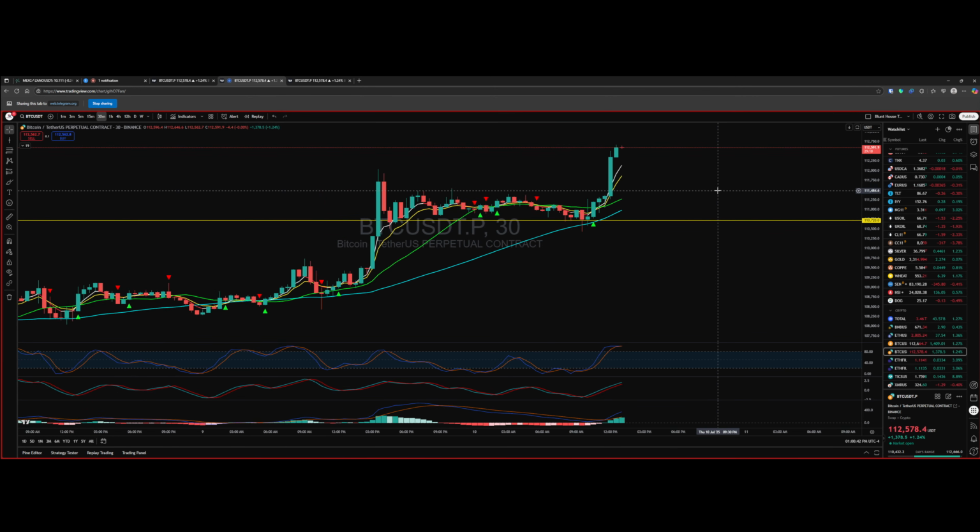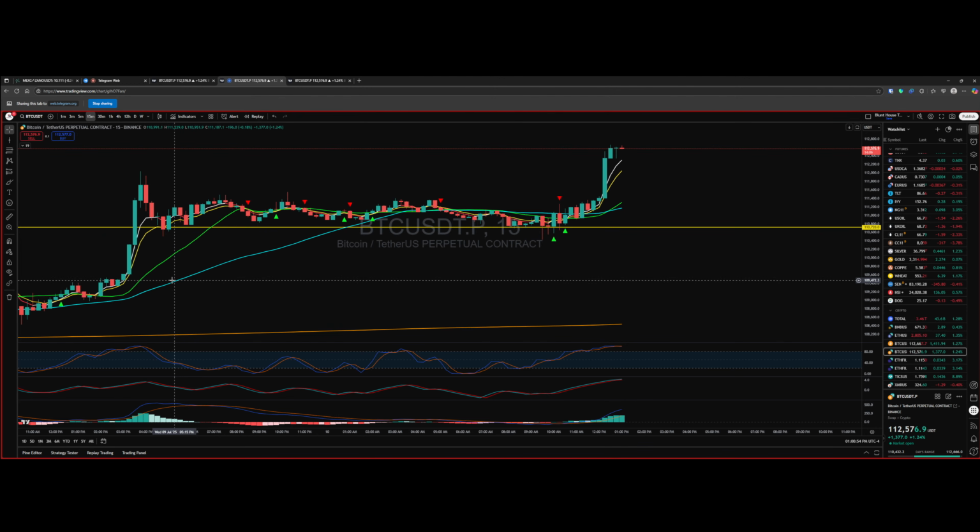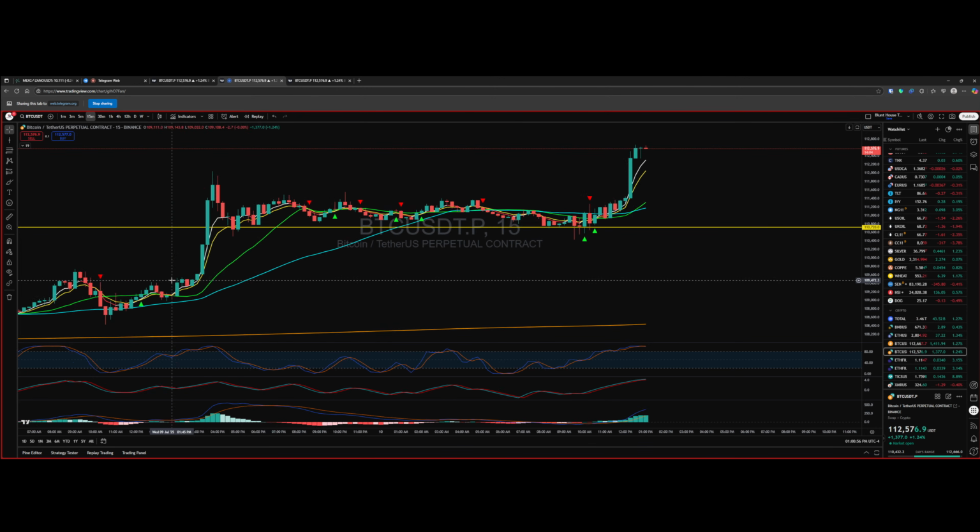So those are the two things. But it doesn't like to get far away from these levels, and when it does, you can start looking for pullbacks. But this is still a bullish chart, and other than being a little too hot, I don't really see weakness even on the 15 minute.